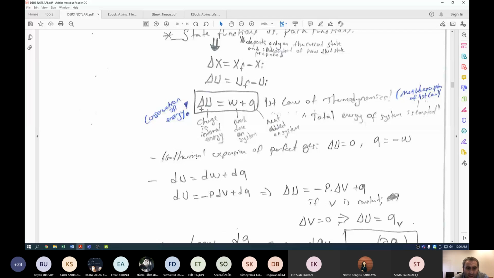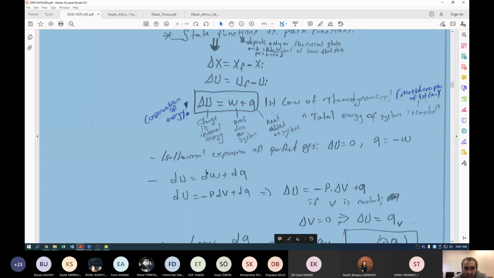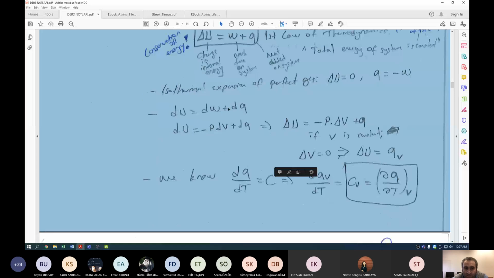So anytime you see delta U that forms from W and Q, and for infinitesimal amounts, we use dU equals dw plus dq. Actually, dw had a bar on it because it is not a state function, right? You remember. Over here there was a mistake.